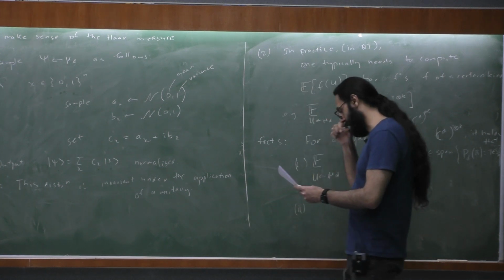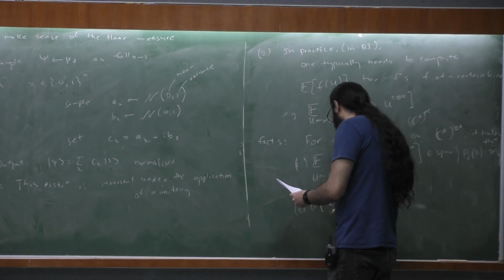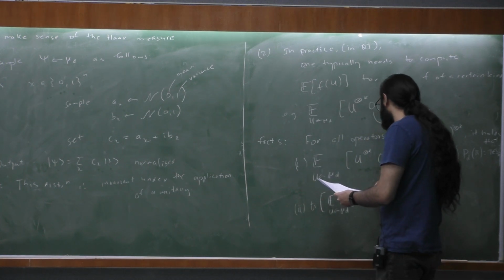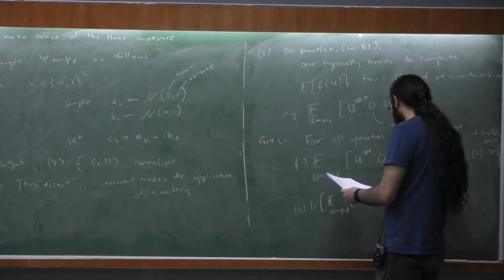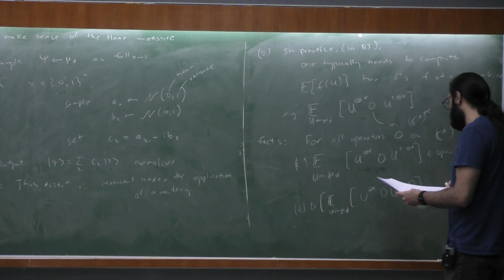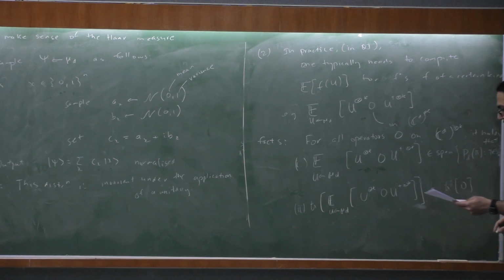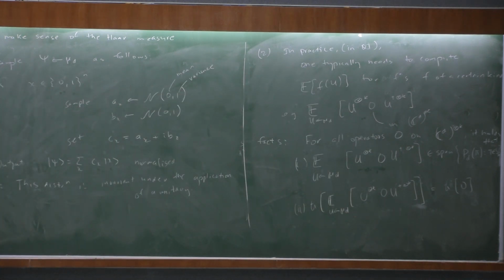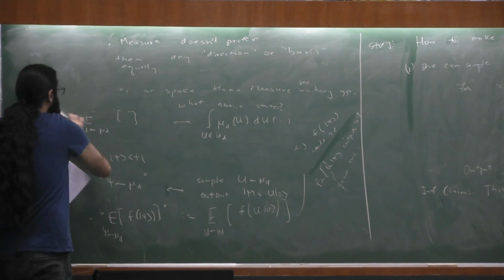Okay, and then the second one is that the trace of the expectation of unitaries from the Haar measure, same as above, U tensor k O U dagger tensor k, turns out to be the same as the trace of O. Yeah, but it seems very surprising to me, at least.